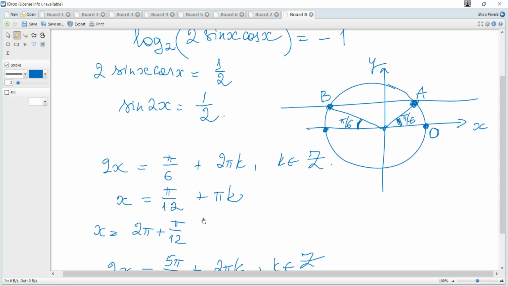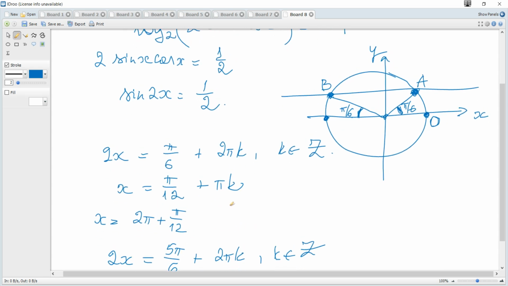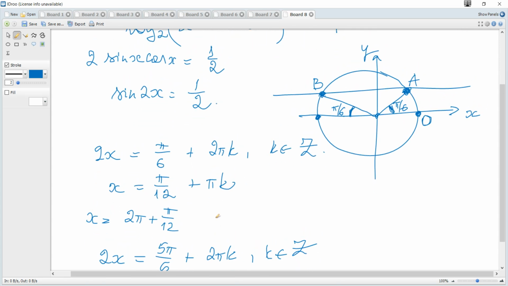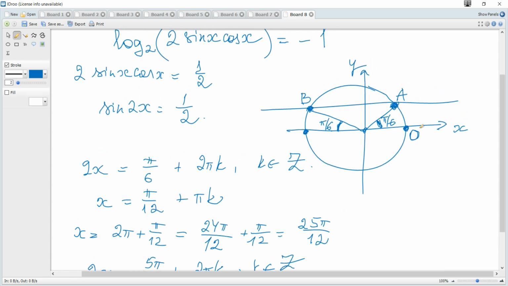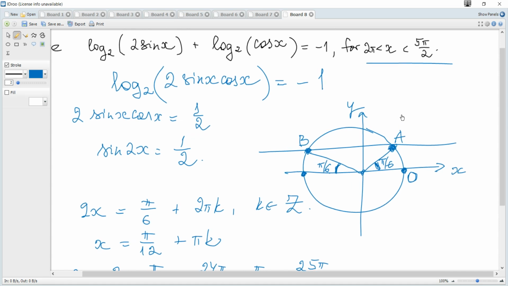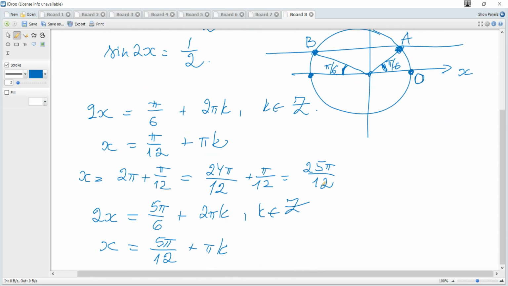Definitely pi over 12 is less than pi over 2, and together it's what, 24 pi over 12, I want to make a common denominator, plus pi over 12. Yes, it's 25 pi over 12, and definitely it's greater than 2 pi and less than 2.5 pi, because pi over 12 is less than pi over 2.